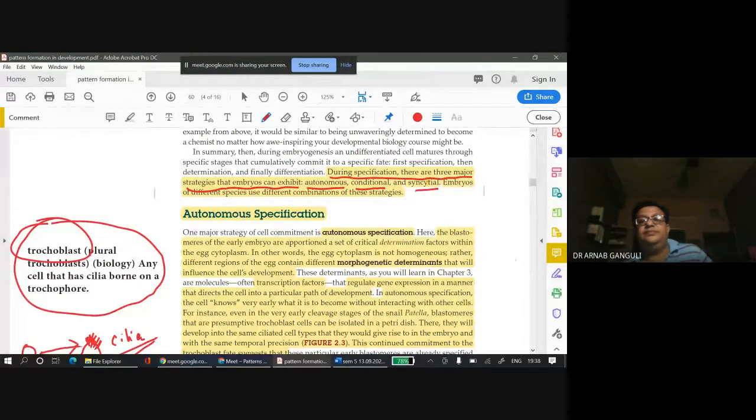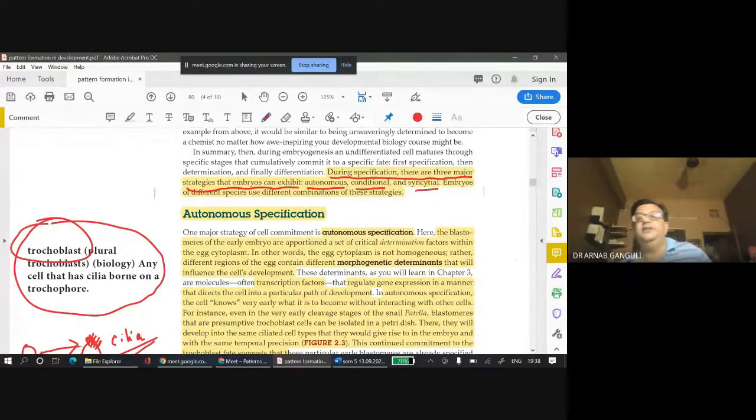Now this is clear that first specification takes place, and then determination takes place, and then finally the shape changes and it becomes differentiation. So three steps.